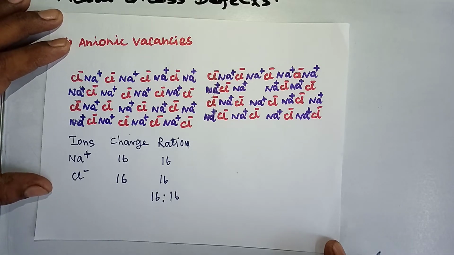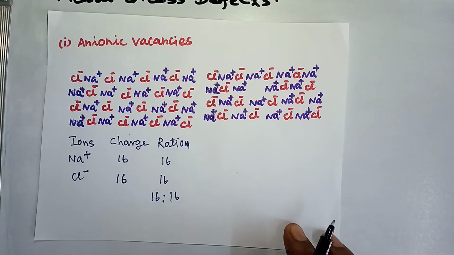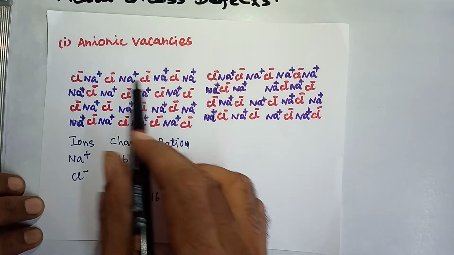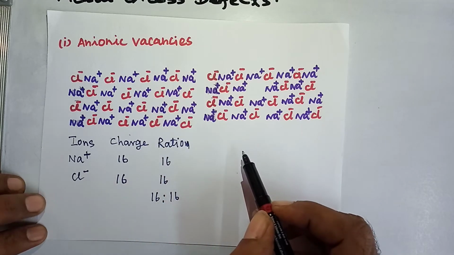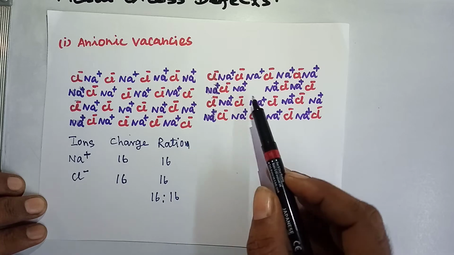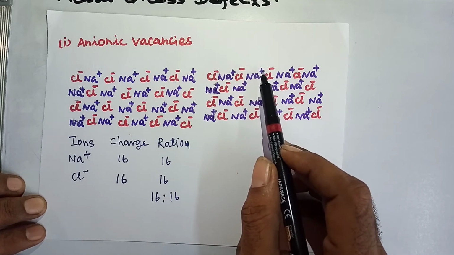After the defect: when the sodium chloride crystal is heated in sodium vapor atmosphere, the excess sodium ions are deposited on the surface of the crystal.